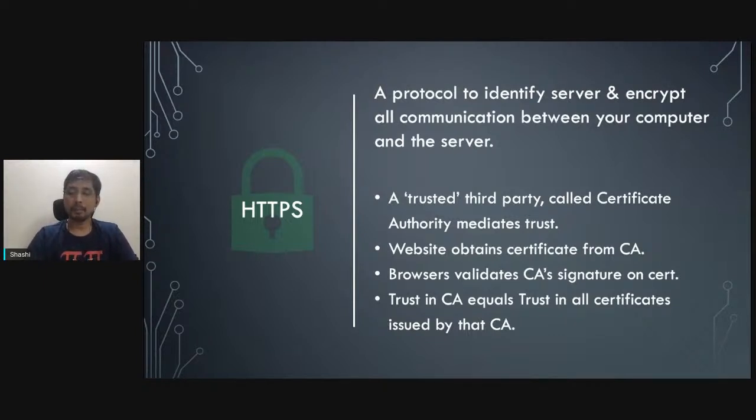Now, if your browser recognizes the CA, your browser is basically going to say, yes, yes, yes, I recognize the CA, I recognize the signature that is there on your certificate. And if DigiCert trusts you, that's good enough for me. I'm also going to trust you, right? That's typically how identity verification works for a particular server.